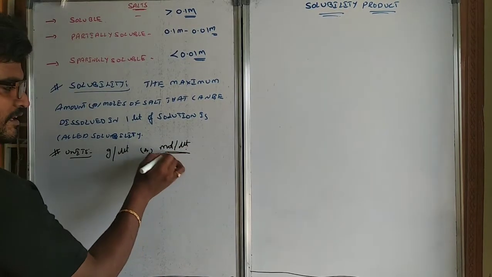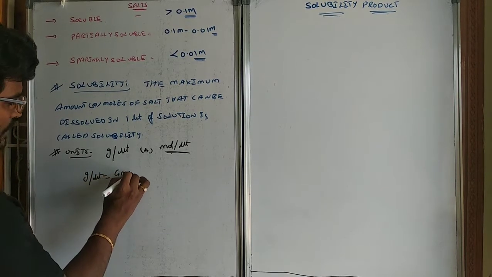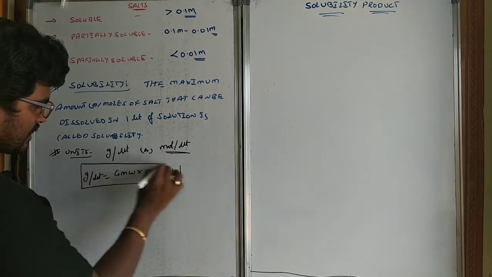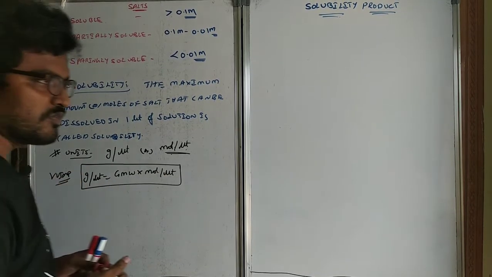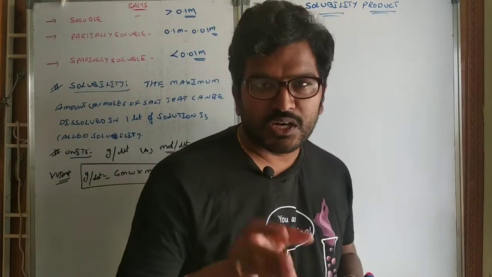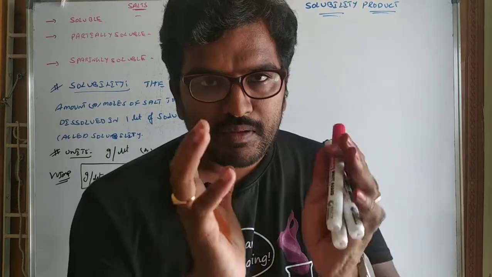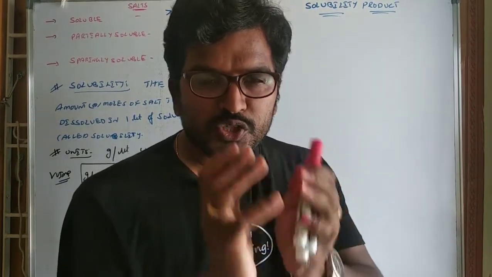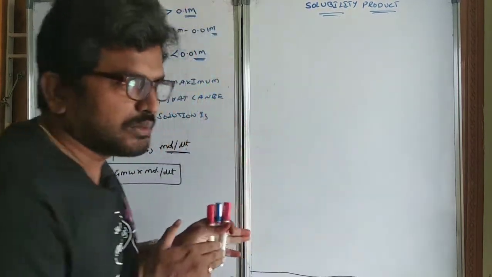If moles per liter is given, grams per liter is equal to gram molecular weight into moles per liter. So this is a very important relation. Whenever a particular salt is dissolved in water, it undergoes dissolution in the given solvent. So the maximum amount of solute that can be dissolved is known as the solubility.